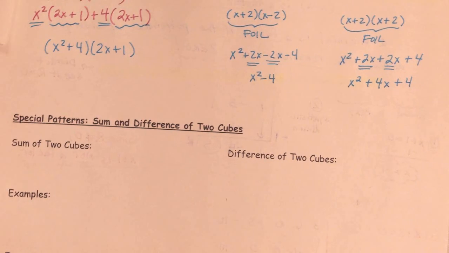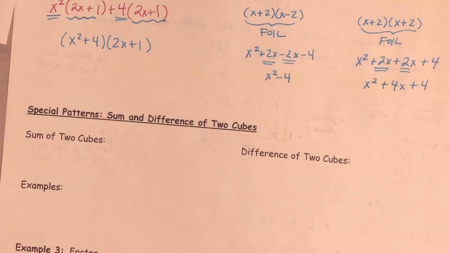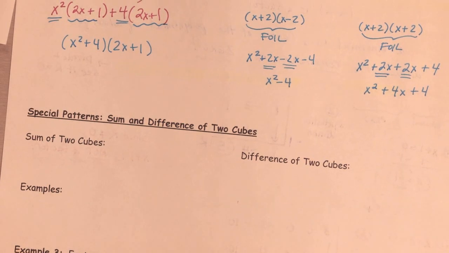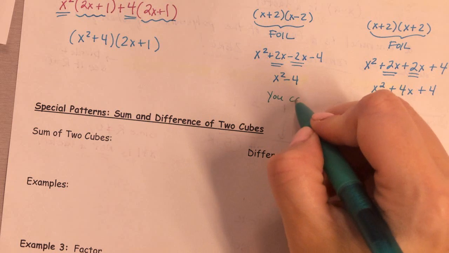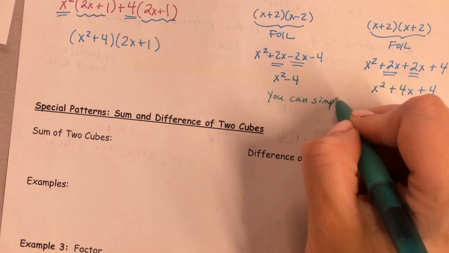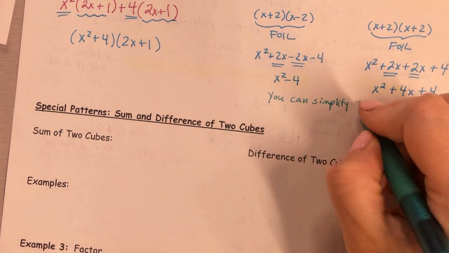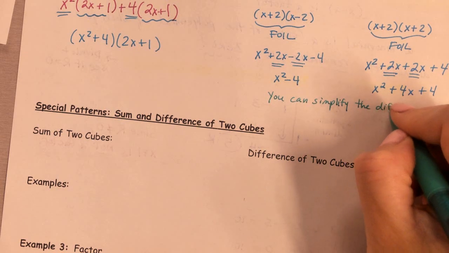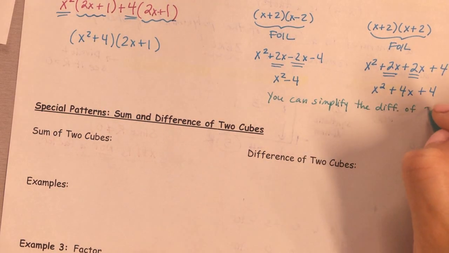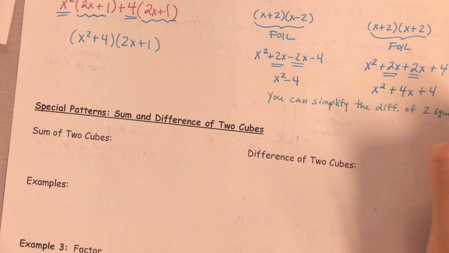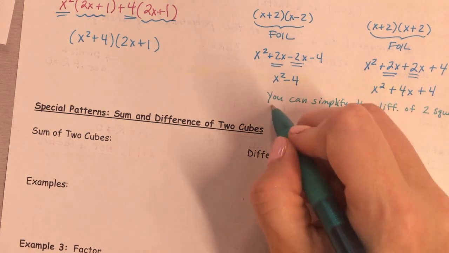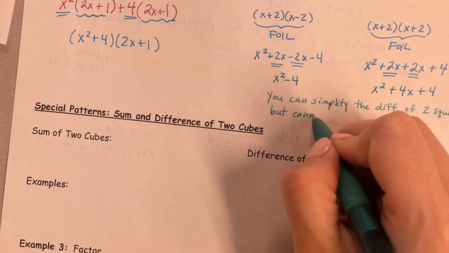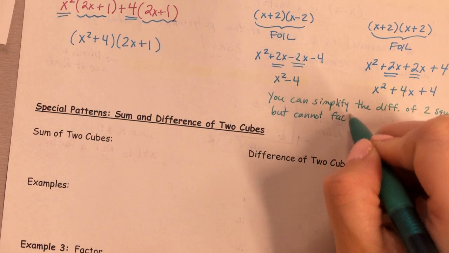So are we able to break it down if it's the sum? Nope. Okay, and this is just a common thing that people will try to break down. So you can simplify the difference of two squares but cannot factor the sum.